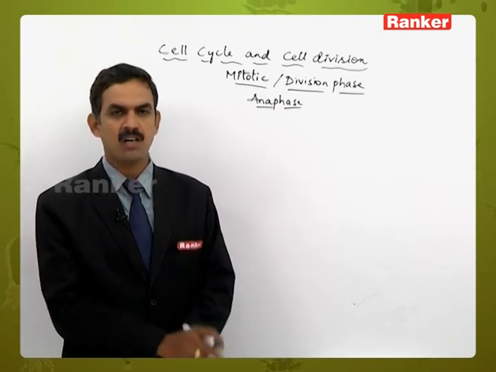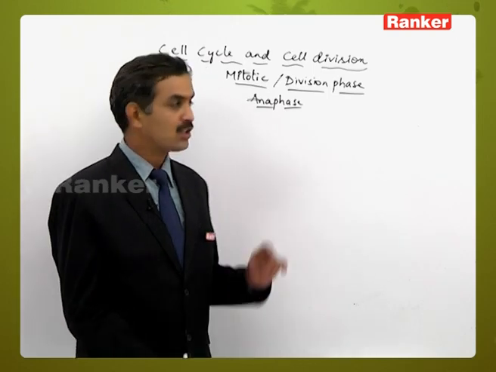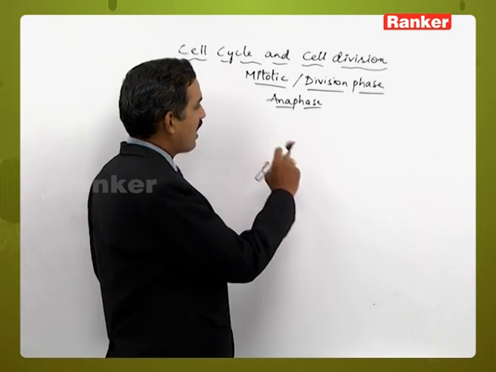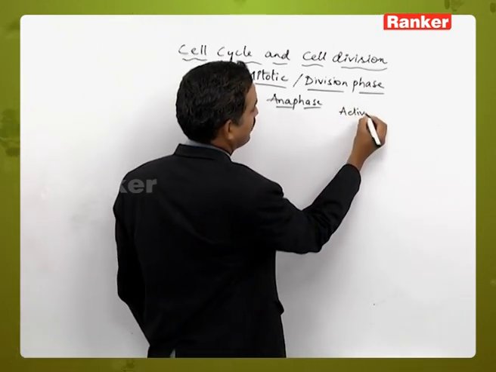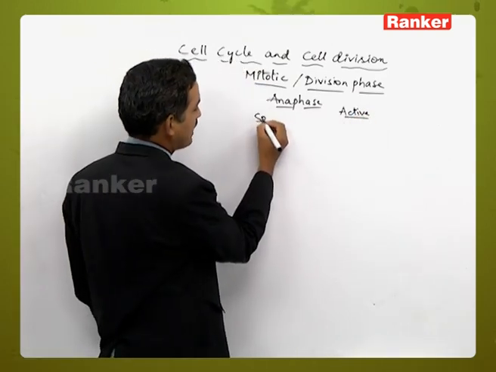That process of all chromosomes coming to the equatorial region is called congregation. That congregation takes place during the metaphase stage, and during the anaphase stage, one of the active stages of mitotic division, the spindle fibers start contracting.